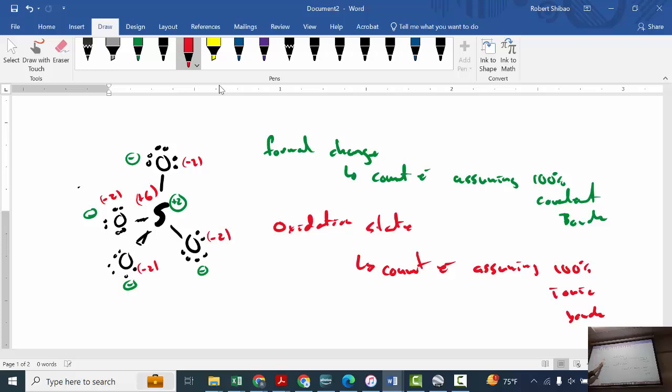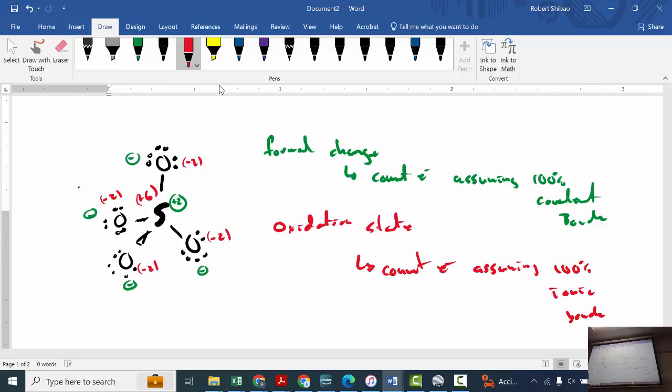So if we split the bond in half here, that gives this oxygen 1, 2, 3, 4, 5, 6, 7 electrons. Well, oxygen normally has 6 valence electrons, so it has an extra electron. That gives it its -1 charge. And we say oxygen has a -1 formal charge.